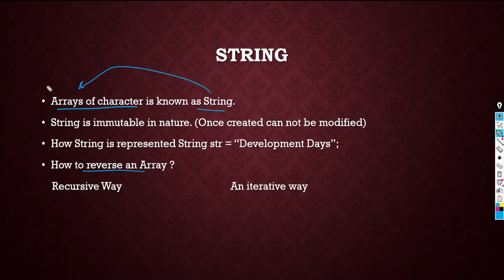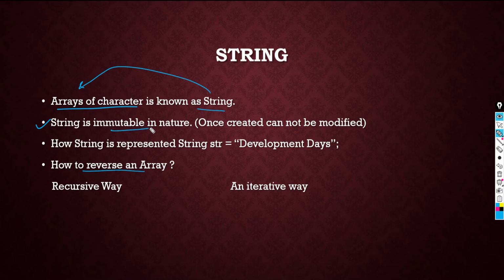The next bullet point is that string is immutable in nature. What does immutable mean? Immutable means an object which has been given a value, and that value cannot be modified further. Let's suppose I have given you a name as development.